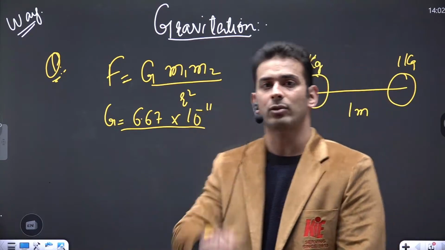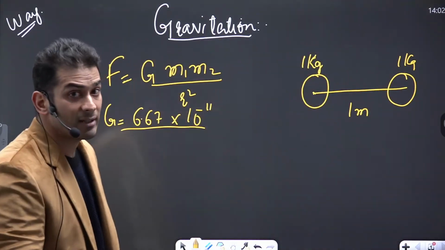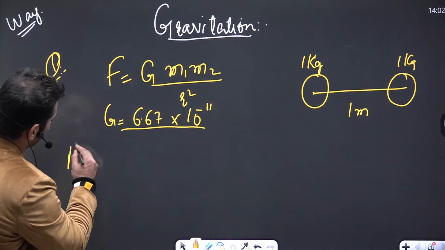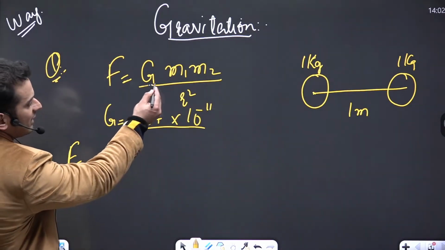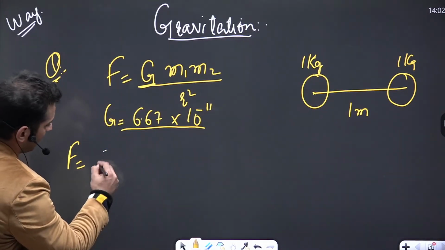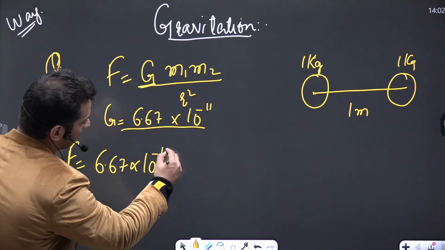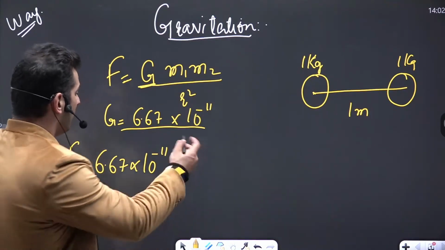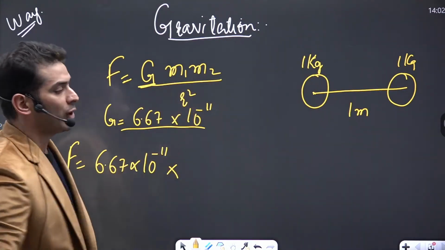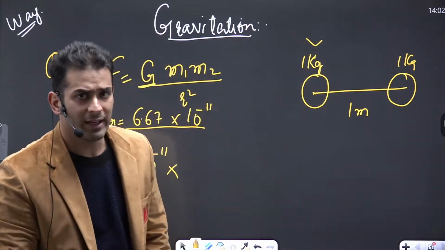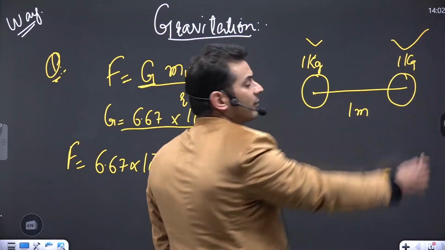We have two masses of 1 kg at a distance of 1 meter separation. Fine, beta? So apply the formula. We will get force is equal to, what's the value of G? This thing, 6.67 into 10 raised to power minus 11, right beta? Into, what's the mass of one body? 1 kg. What's the mass of another body? 1 kg.